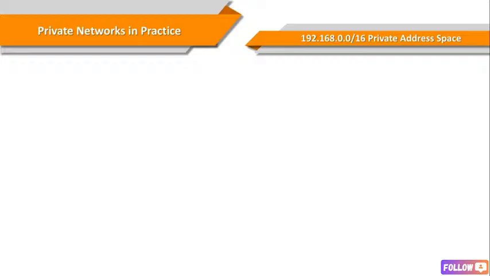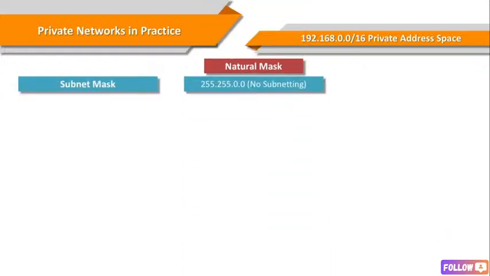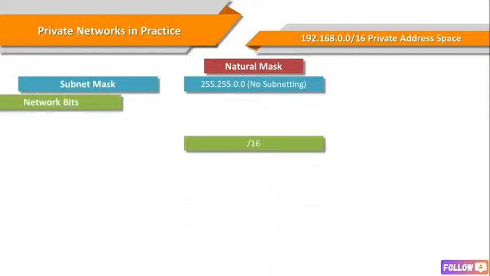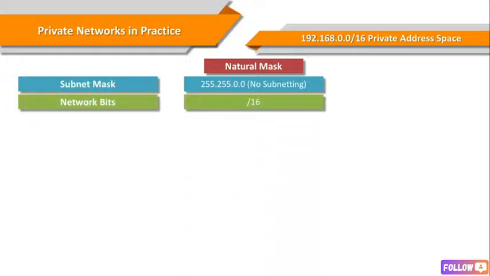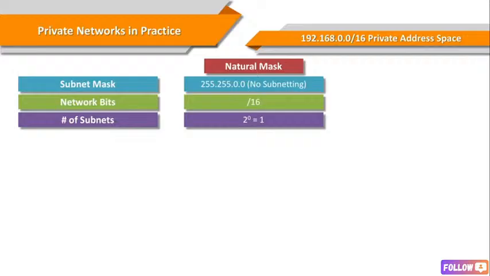Okay, so we're the system administrators in Company X and ready to build. We have decided to use 192.168.x.x as the private IP address space for our company. If we use the natural mask 255.255.0.0, that means we use the first 16 bits for network ID, and we'll have a single network.